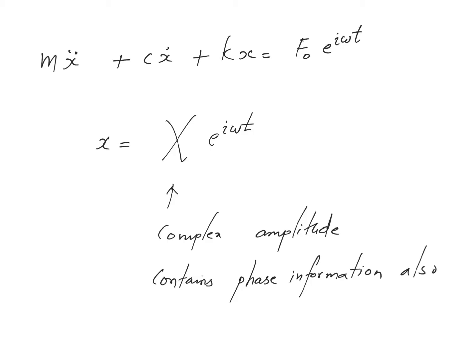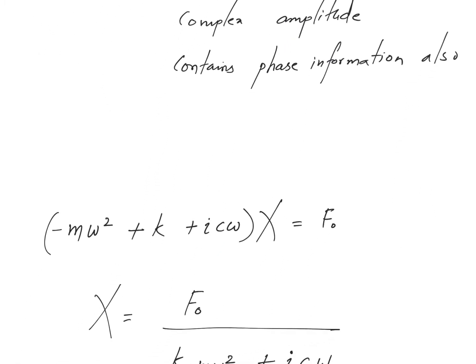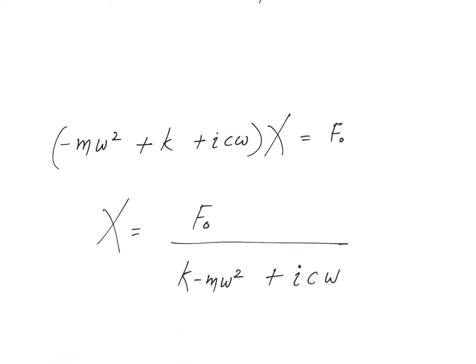This is a very key concept that students often try to overlook. When you go to a viva and you have a very good professor, he can really trouble you with these kinds of questions. So whenever you assume this step, be clear that this is a complex amplitude. It contains both phase information as well as amplitude information. Good to go. Now the rest of the things are simply plug and check.